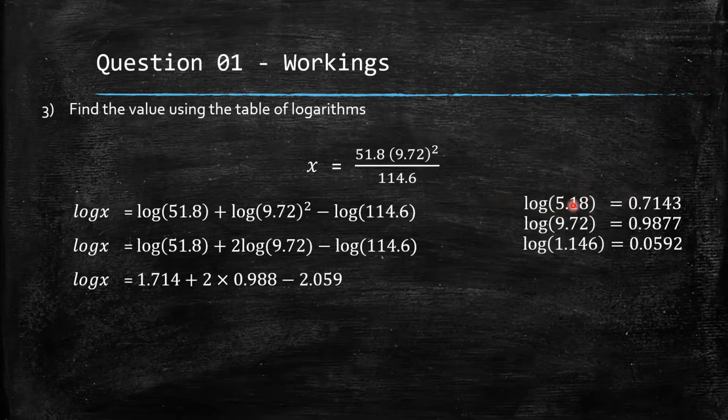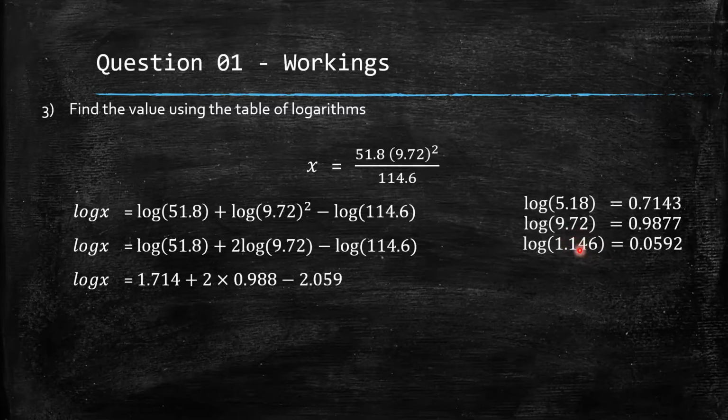Now here in order to get 51.8, you have to move your decimal point from 5.18 to 51.8. That means only 1 place, so you need to add 1. Similarly, here you have 114.6, and we got the value for 1.146. In order to get 114.6, you need to move your decimal by 2 places.